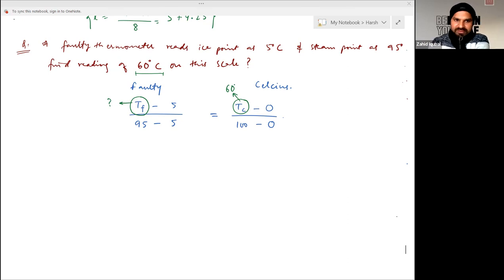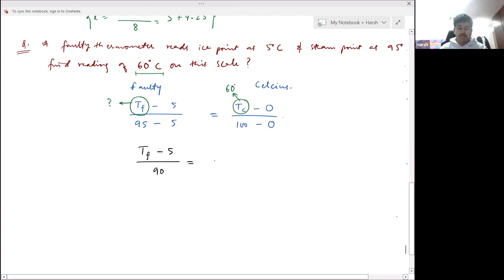Let me define how to simplify it. First, we have to calculate the temperature on the faulty thermometer. Keep it as minus 5. Just solve this denominator part. So 95 minus 5, 90, equals 60 divided by 100. Now move this 90 to the right side.